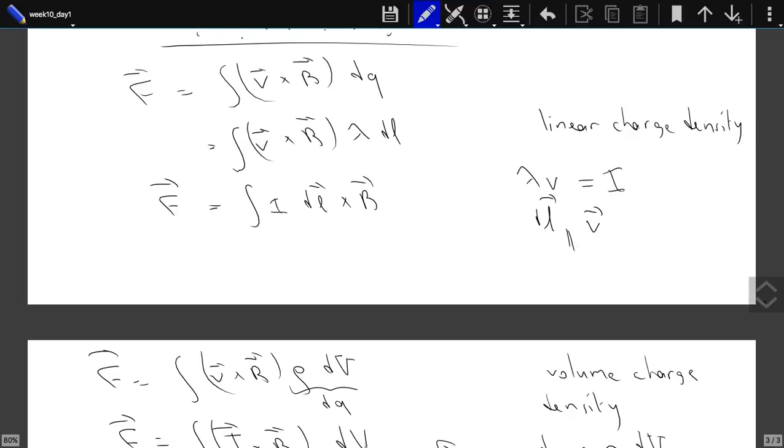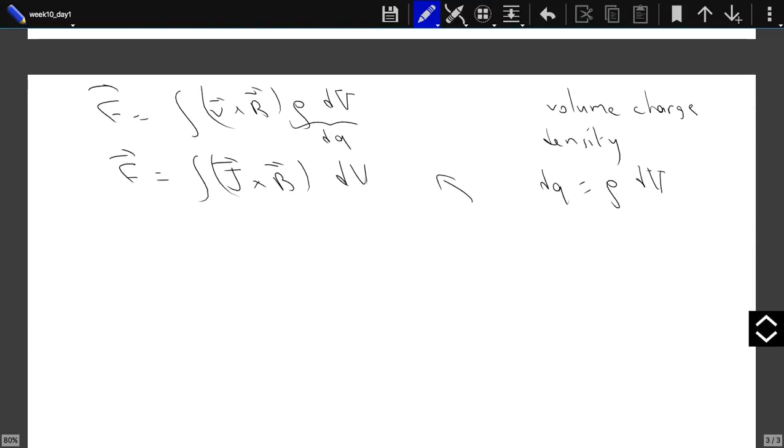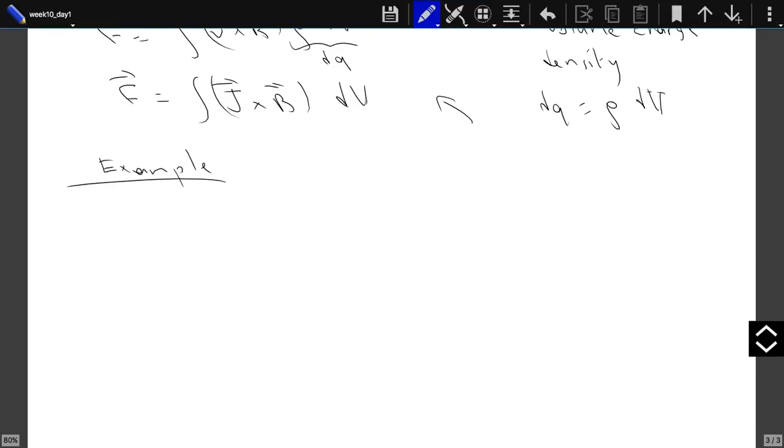Well, let's do an example. B is uniform, the simplest example. Well, dF is nothing but I times dl cross B. B is uniform, it's a constant, so I can take it out of the integration.